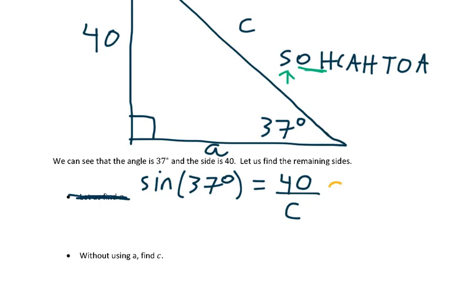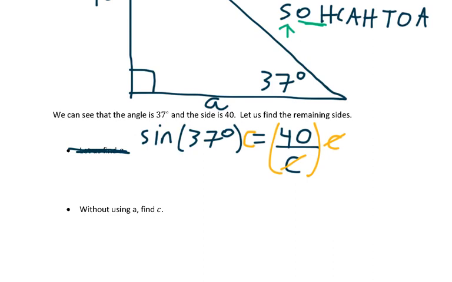So it's really a similar calculation, right? From here, we're going to multiply both sides by C. Okay, how does that help us? Well, these are going to cancel. Below it, we're going to have sine of 37 degrees times C. That's going to equal 40.